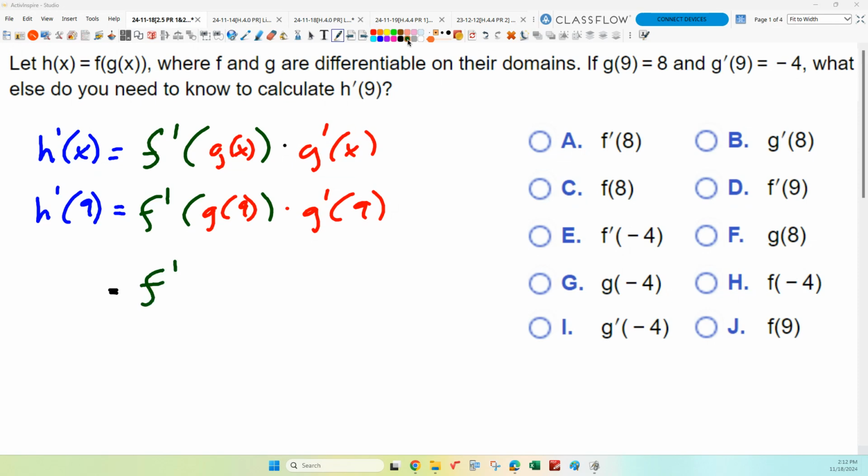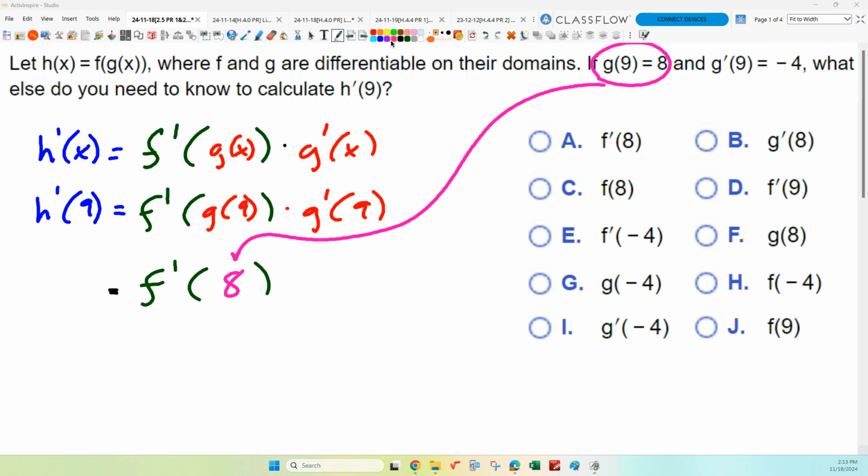this is f prime of g of 9. There's g of 9, right? That's f prime of 8 times g prime of 9.